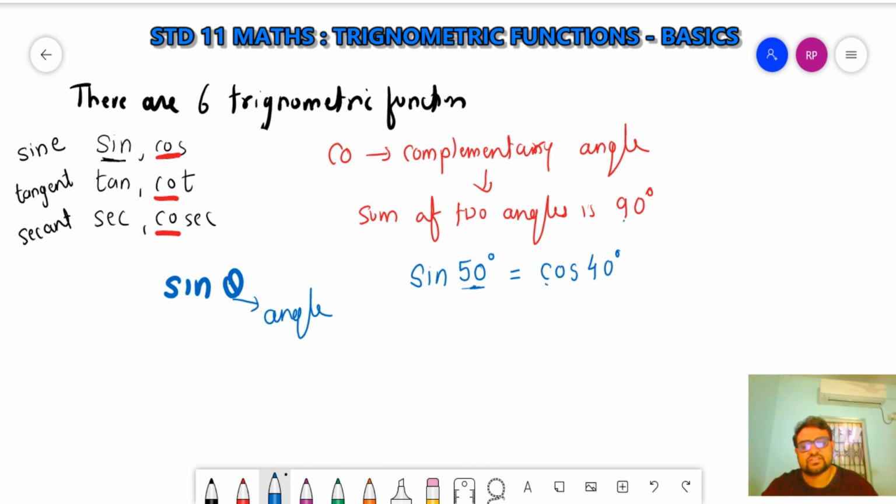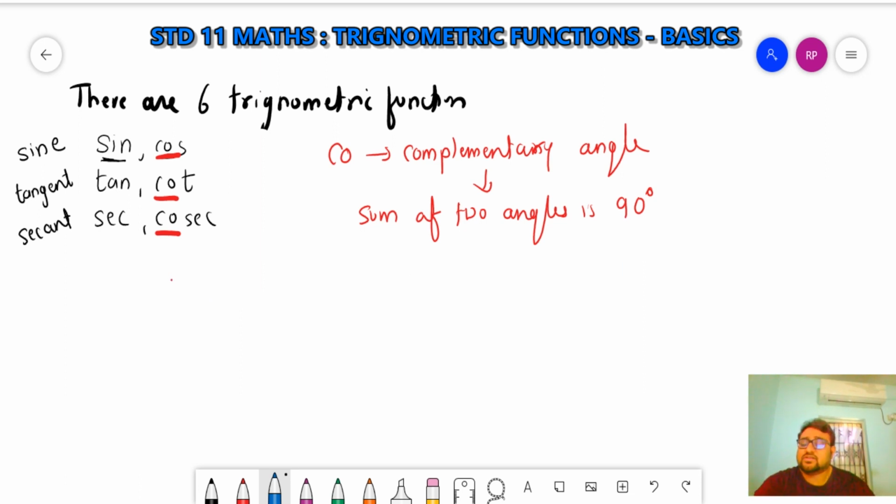So that is the reason CO means complementary of sine. Similarly, tan 50 will be equal to cot 40 and sec 50 will be equal to cosec 40. Clear?